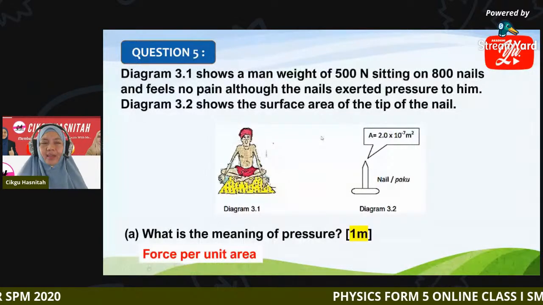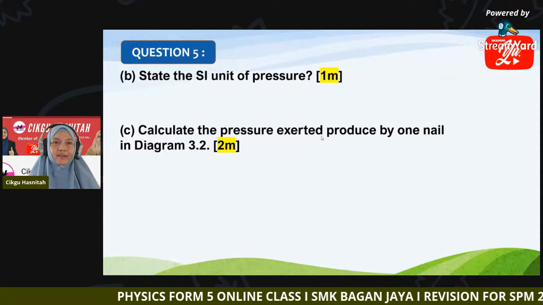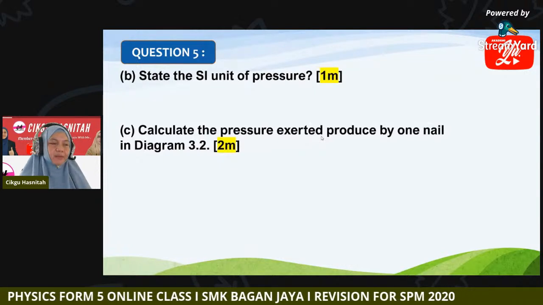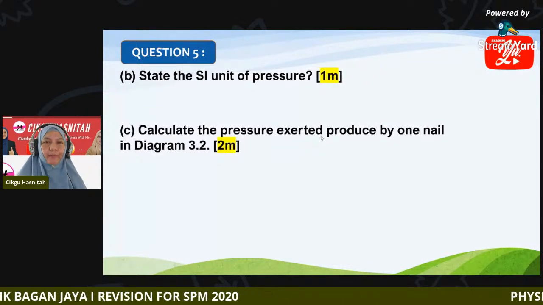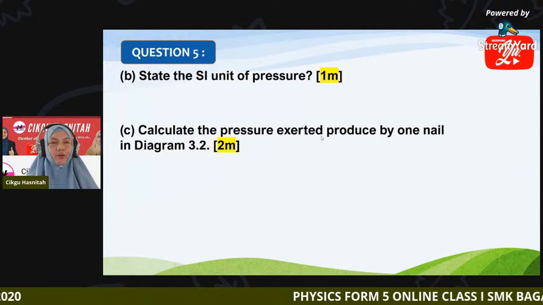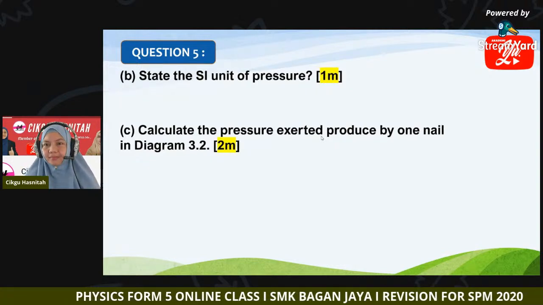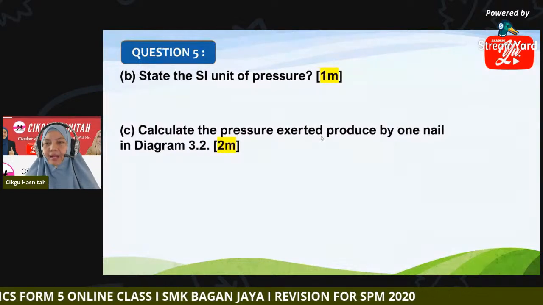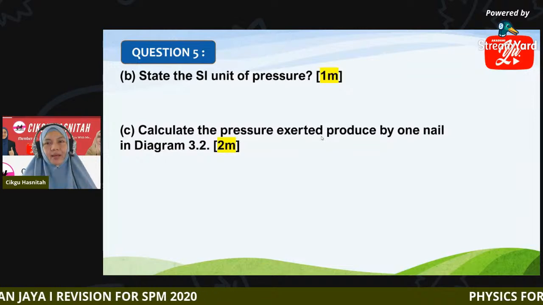Now question B. Very simple. State the SI unit for pressure. So what is the SI unit for pressure, class? Very well, Jingjian, force per unit area. William also, force per unit area.